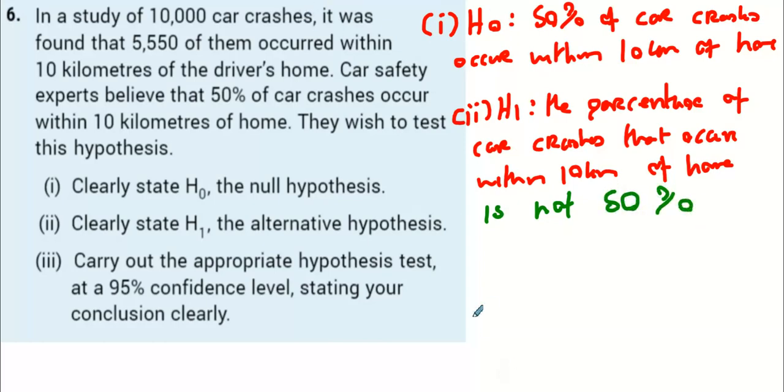Part three. Let's make our confidence interval. Let's do what we've done in the last couple of questions. So, first thing you're looking for is your p-value or your proportion value, okay? And it's 5,550 divided by 10,000.